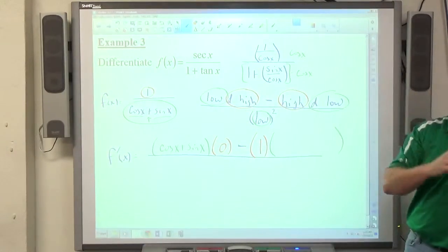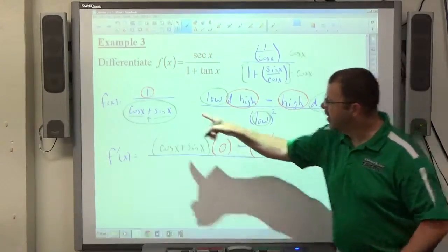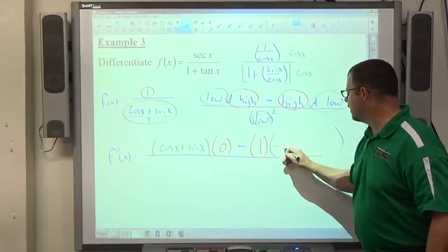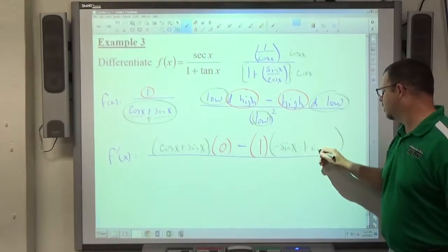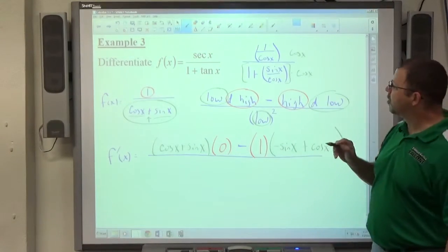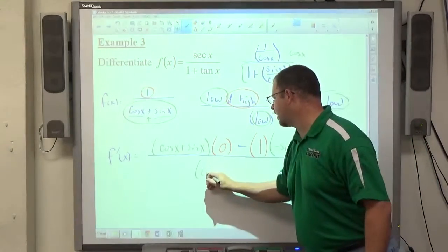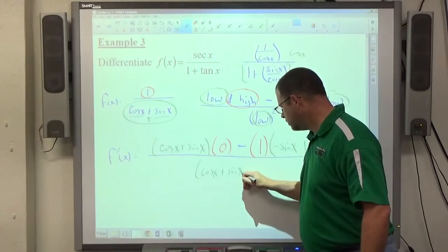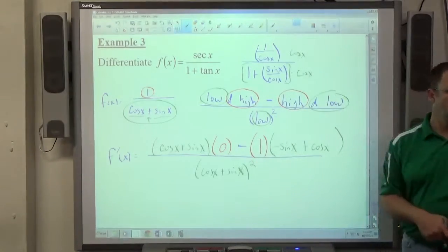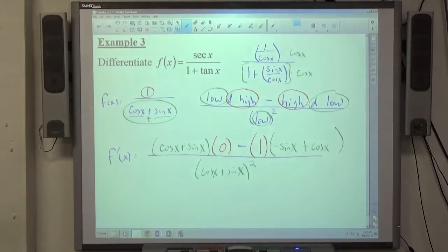So each individual trig piece can be differentiated based on its derivative. Derivative of cosine is negative sine of x. Derivative of sine is positive cosine of x. Over the square of what's below, that's just cosine of x plus sine of x, the quantity squared. Take the bottom as it is, squared.